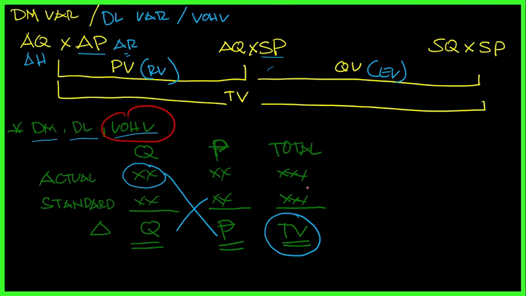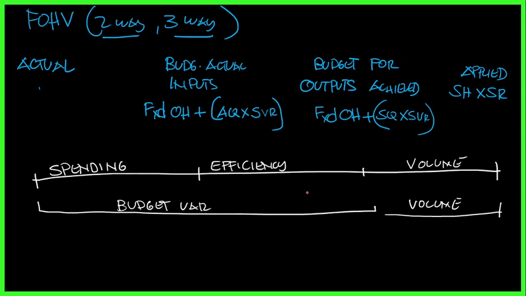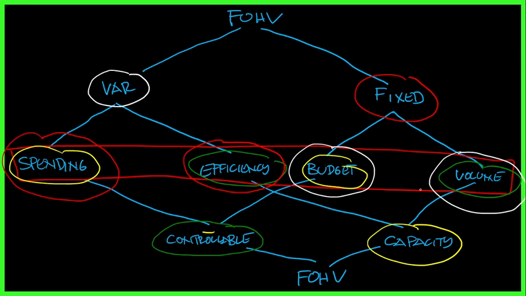So now, how are we going to compute the budget and the volume variance? We have solved the variable overhead variances. Let's now focus on fixed overhead variances.